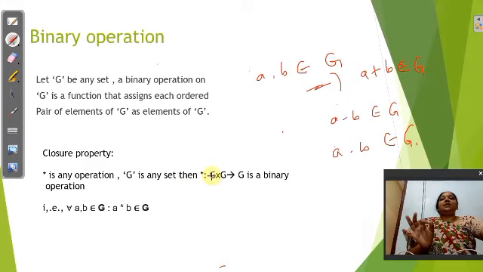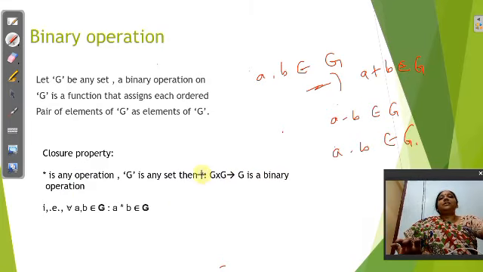That means here the operation function is taken as star, and if we take any two elements from the set, G cross G means one element from G and one element from G, and we are multiplying those two elements, again the product of those two elements comes to G. So it is a binary operation.